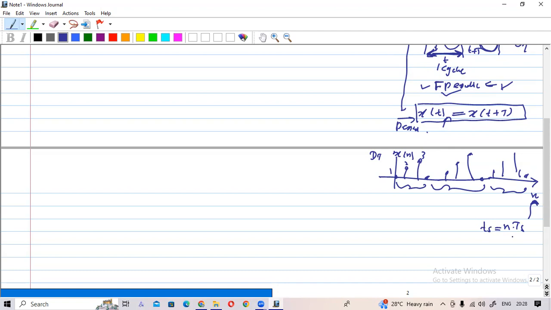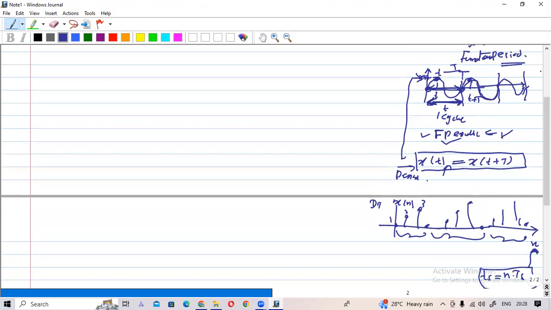The corresponding sample time is related with this equation. Okay, so that is that. In the same manner, now this is a function of n.